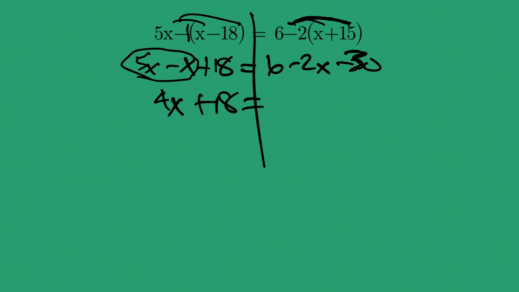On the right side, what can you combine? Okay, a 6, and what kind of a 30 is that? Okay, so what is 6 minus 30? Negative 24.